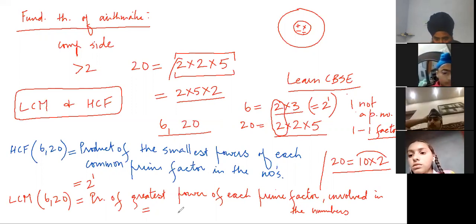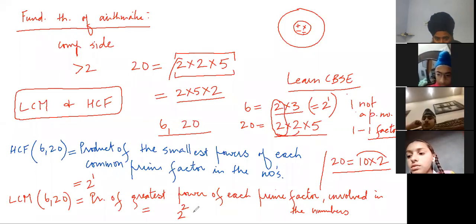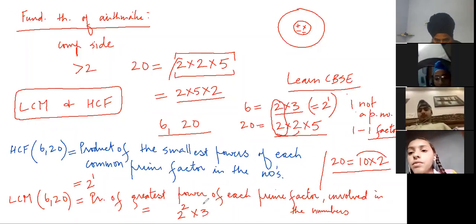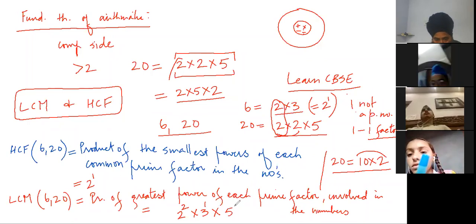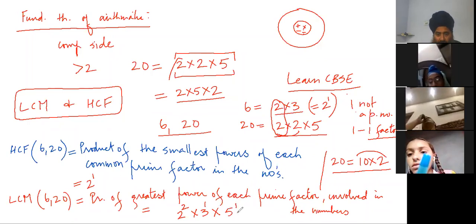So first is 2 raised to power 2 here, right? And then we have 3, raised to power 1. And the last one is 5 raised to power 1.